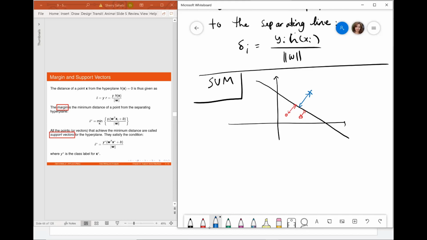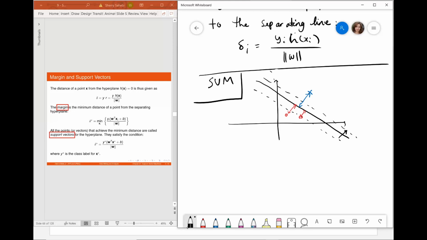Then the margin is going to be twice the distance of the closest data point to the separating line.